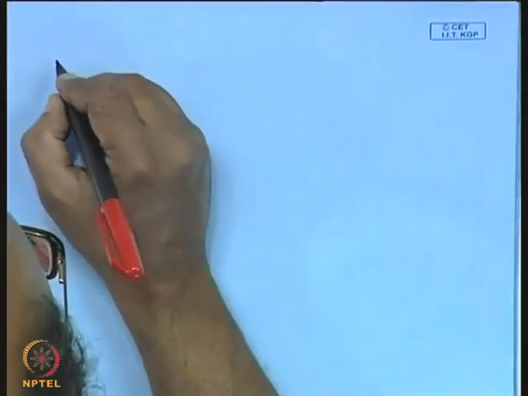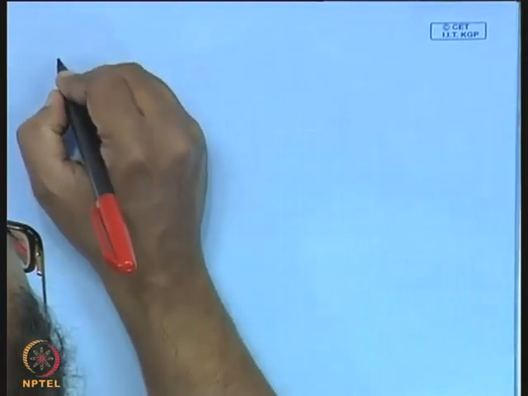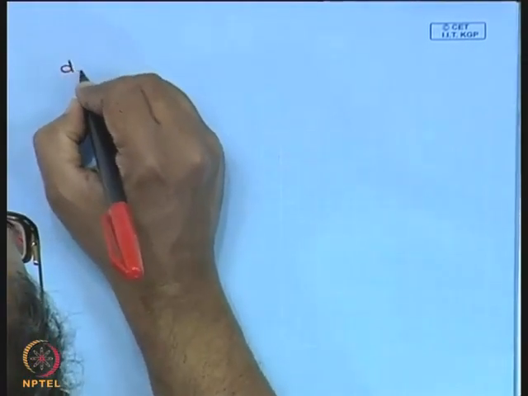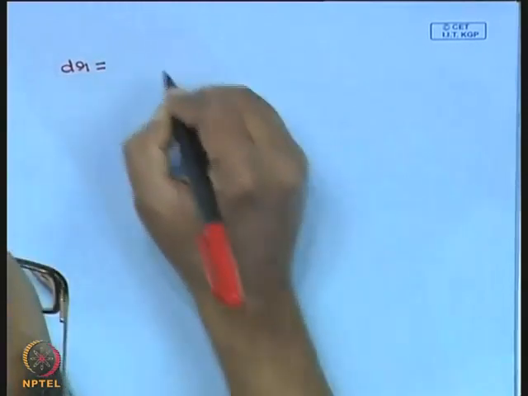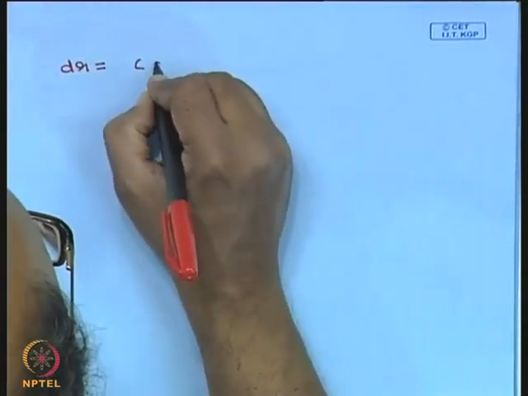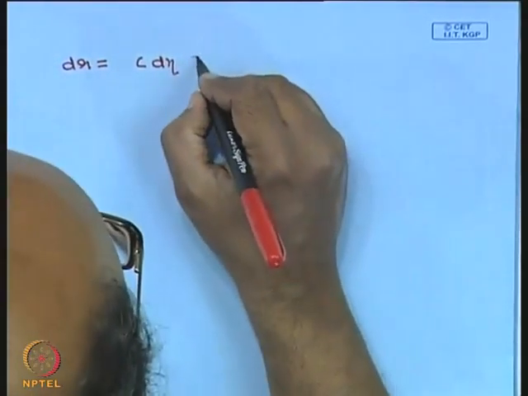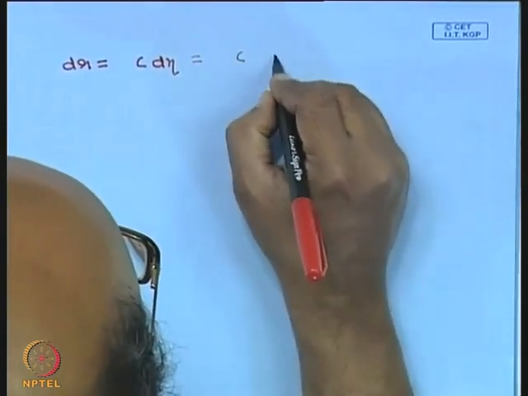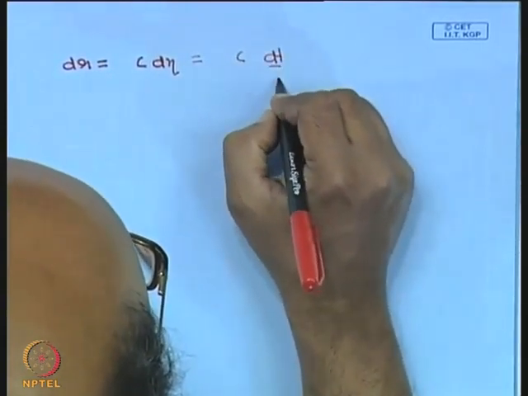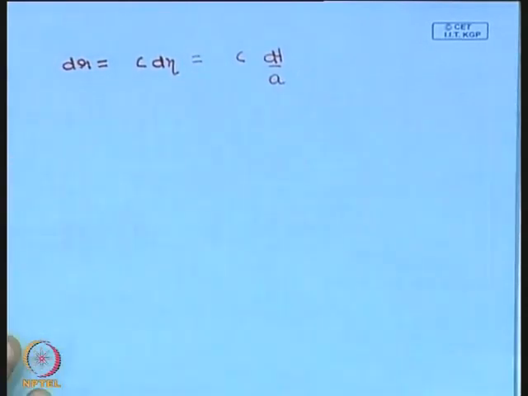Okay, so let me discuss this. The way you do this is as follows. We know that light propagates along a trajectory dr equal to c d eta, and d eta we also know is dt by a, the scale factor.